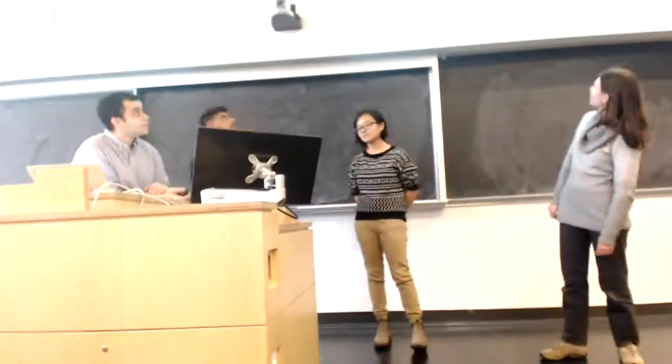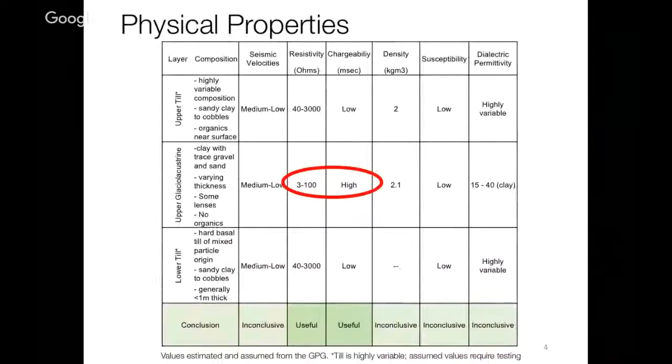Right. Do you want to? If we head back to this slide, right, so here we can see that chargeability is very high in the glacial lacustrine, and that's because the glacial lacustrine is mostly clays and such, whereas the till is harder sediments with lower chargeability, and vice versa can be said for the resistivity.